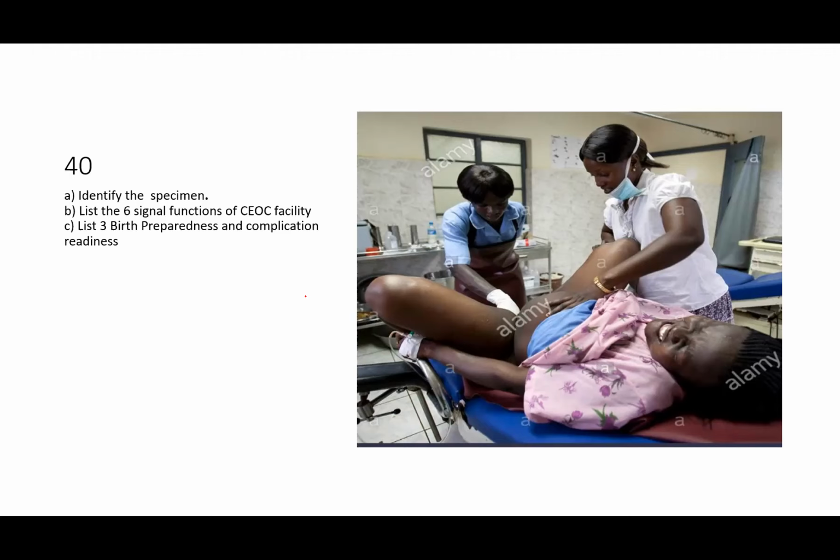Minimum, they should have IV fluid, IV antibiotics, intravenous oxytocin, analgesics, removal of retained placenta. They should be able to do that. Blood transfusion services. And of course, cesarean section.